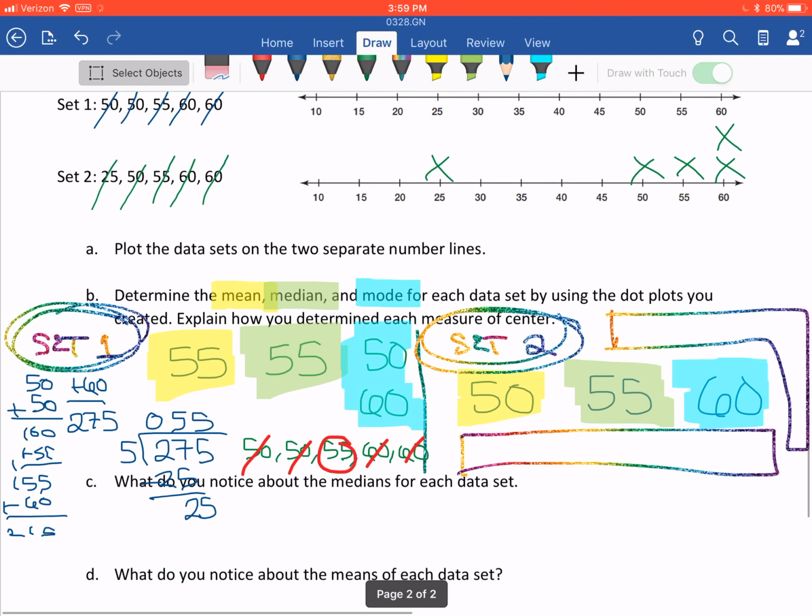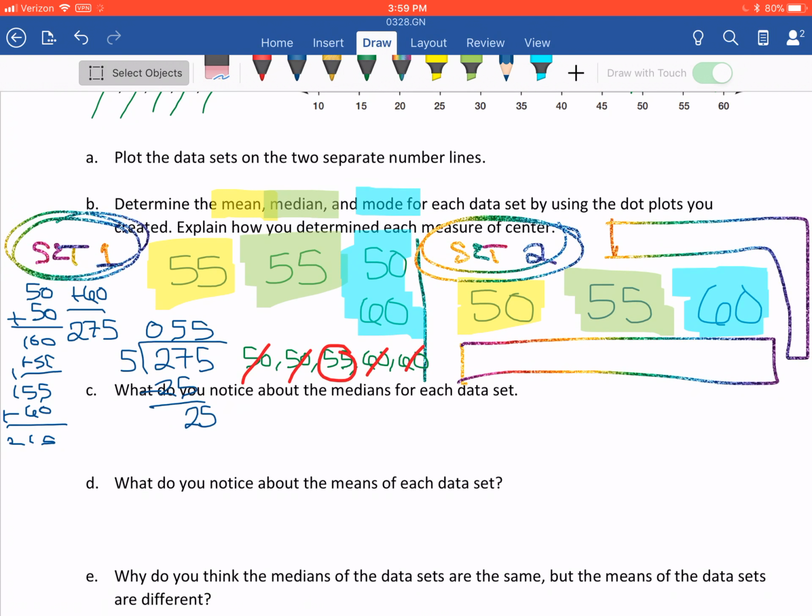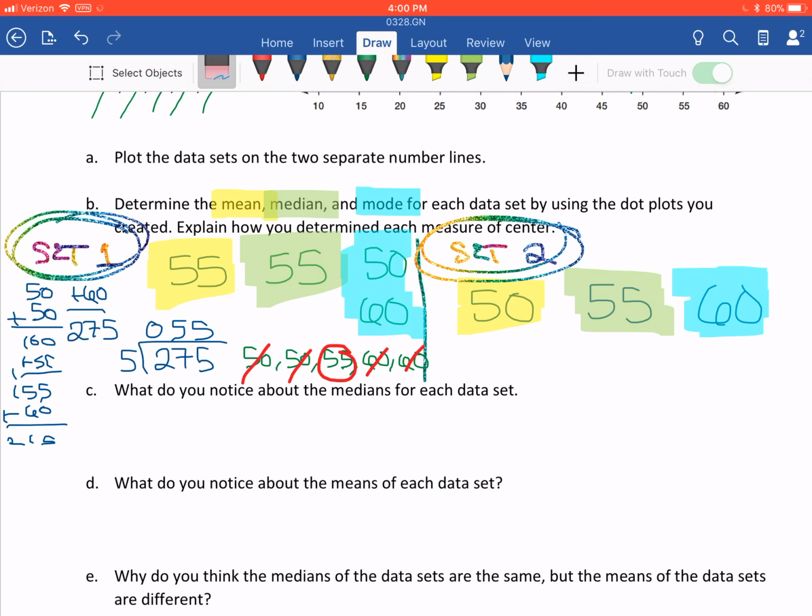Let's go down and look at the first question. I'm going to erase a little of my work so that we can read it more clearly. What do we notice about the medians for each data set? The medians I've been highlighting in green. What I notice about the medians for both data sets is that the medians are the same.